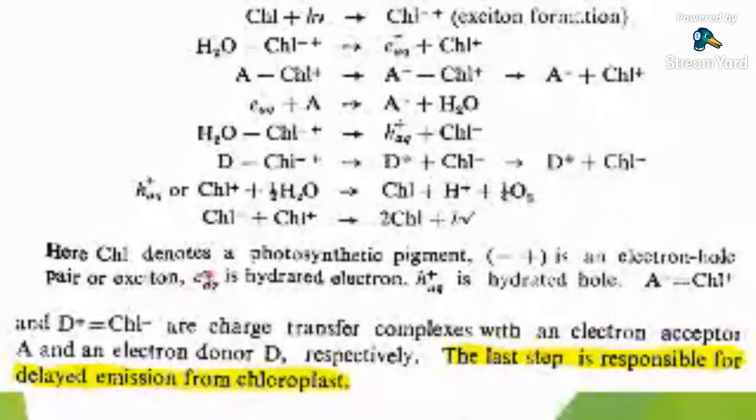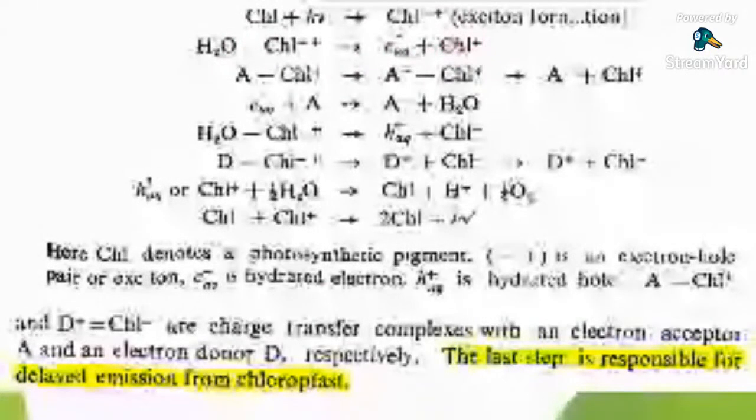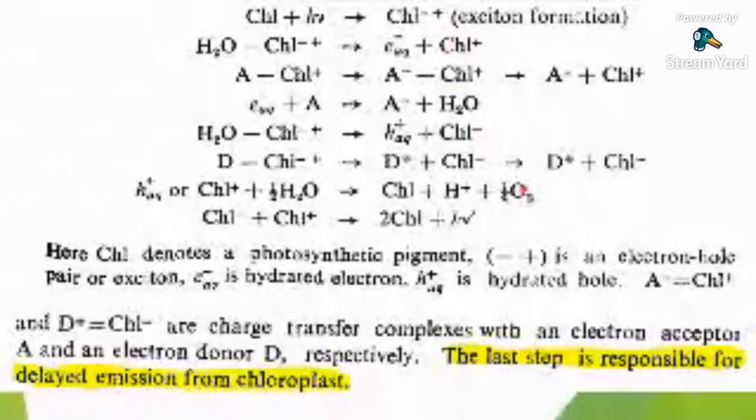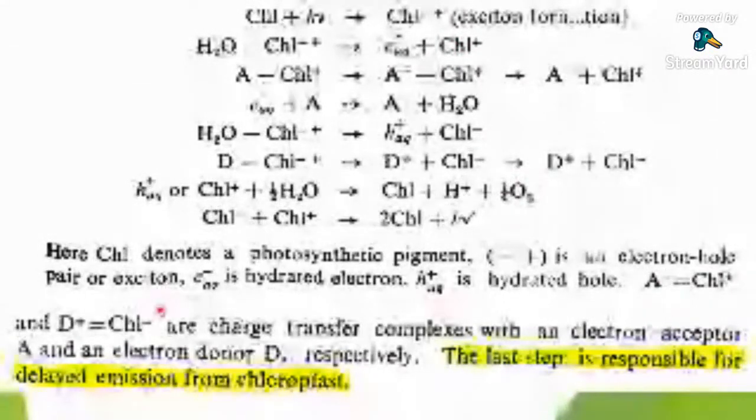And then e aqueous, this is a hydrated electron, that is, on combining with water it forms the hydrated electron along with the generation of a positive charge, that is a hole. Then A minus and D plus are the charge transfer complexes with an electron acceptor and an electron donor.